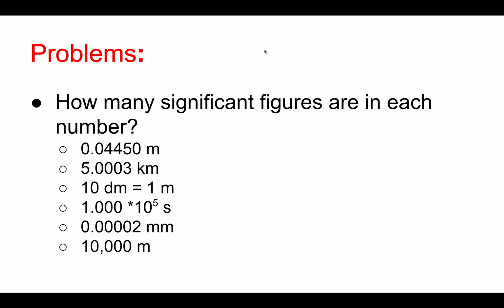Okay, so we have these numbers here, and I want you to try to figure out how many significant figures are in each. You can pause the YouTube video for as long as you like and try to figure it out. All right, let's try to work this out. So 1, 2, 3, 4 significant figures. 1, 2, 3, 4, 5.